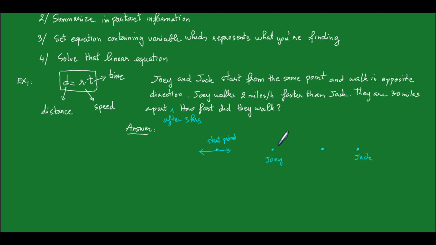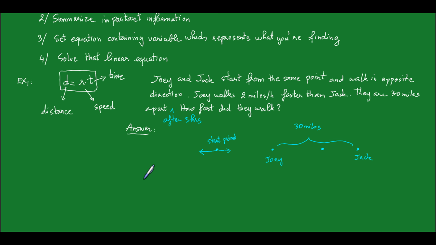And between them is 30 miles. So Joe walked 2 miles per hour faster than Jack. So basically, they're asking you the speed. The question is asking you the speed of Joe and Jack.